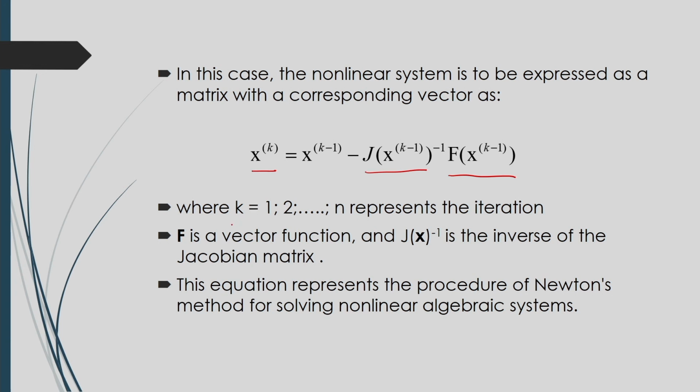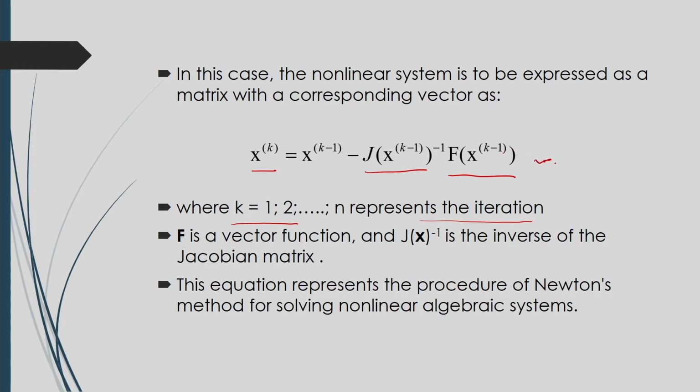So in this case k will be equal to 1 to n, which will represent the iteration. Now we can say that xk will be equal to xk minus 1 minus J of xk minus 1 to the power minus 1 into f of x to the power k minus 1.